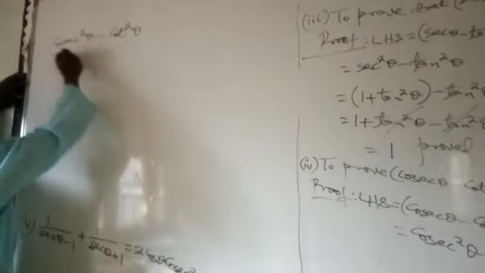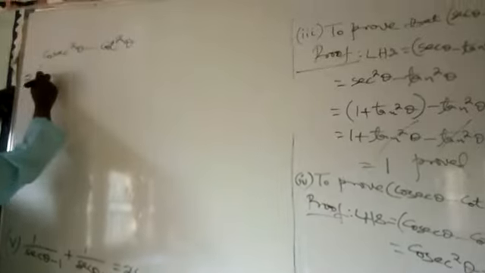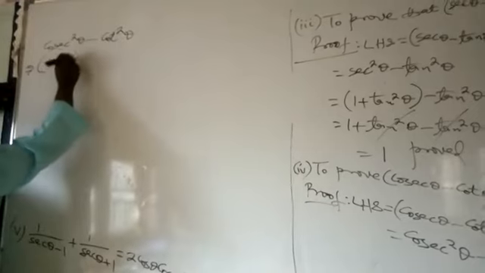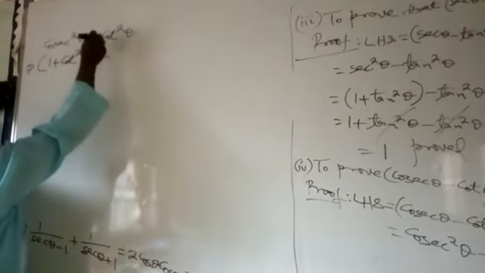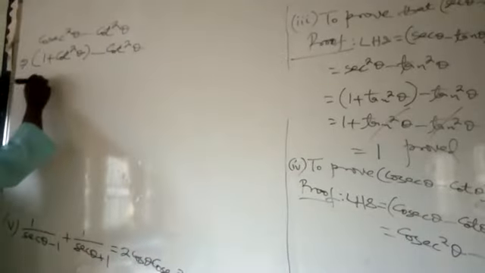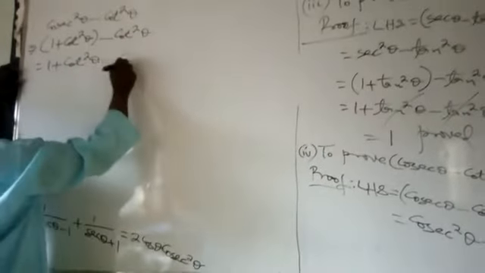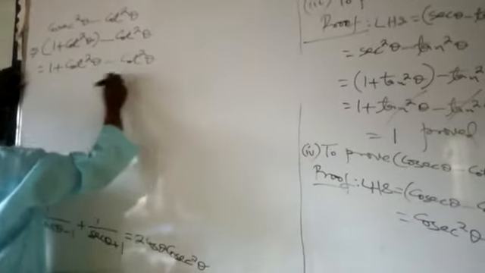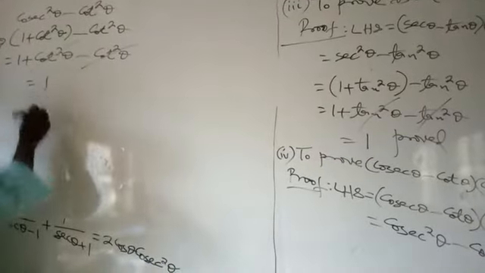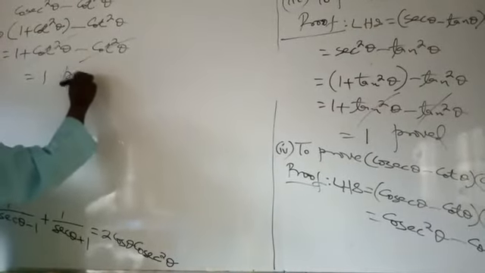I replace this cosec square theta with 1 plus cot square theta, minus this cot square theta. Opening the bracket, I have 1 plus cot square theta minus cot square theta. This cot square theta will cancel minus cot square theta, and we're left with 1, which again is equal to the right hand side. So the identity is proved.